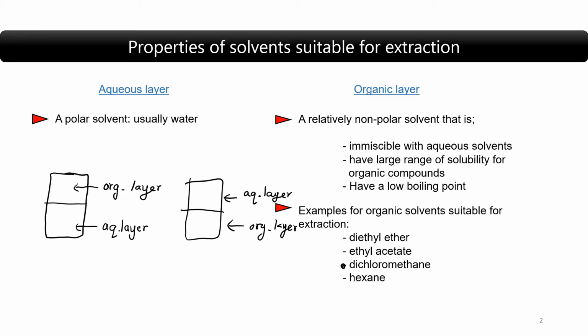What if we did not have information about the density of the solvents and we had to figure out which layer is the organic layer and which layer is the aqueous layer?